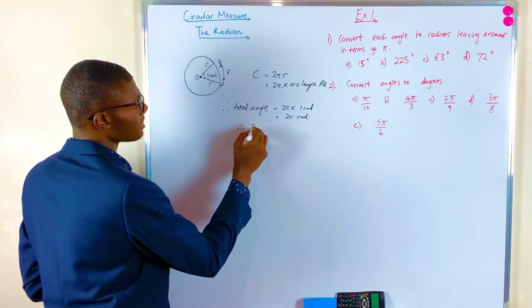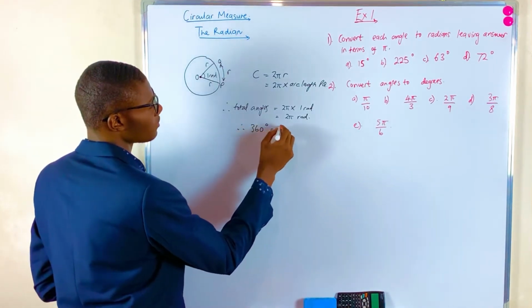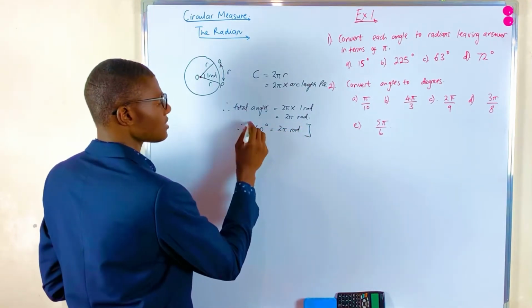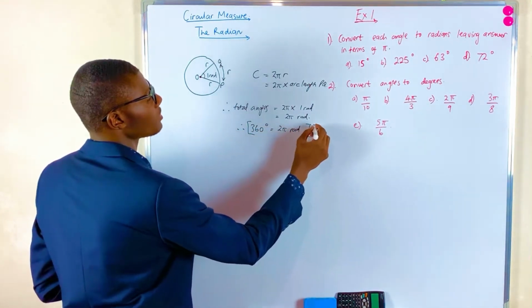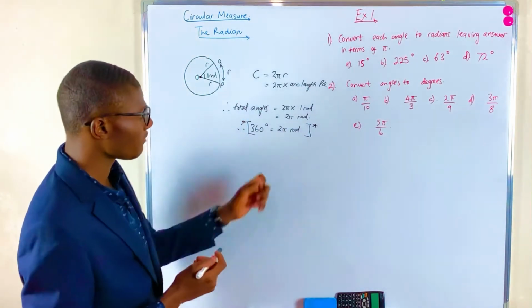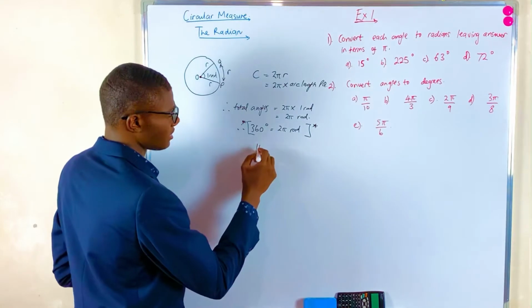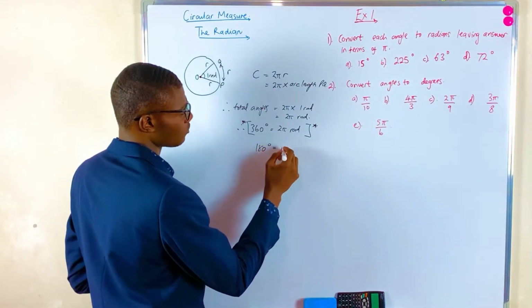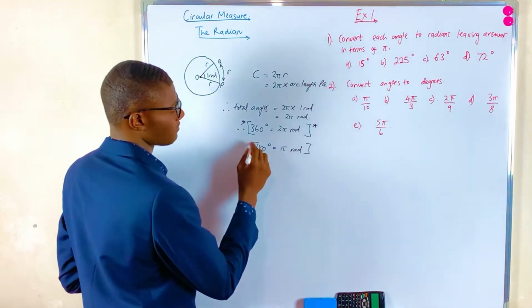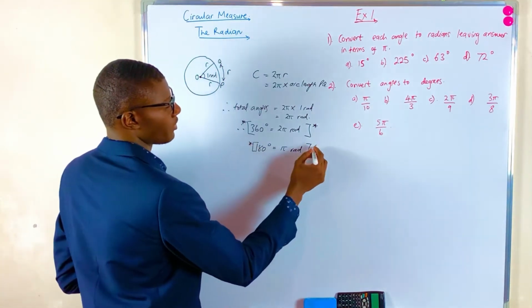So therefore, we're saying 360 degrees is equal to 2 pi radians. So this is the relationship between radians and degrees. Now, we can even break this down to say 180 degrees is equal to pi radians, and of course, I just divided both sides by 2.